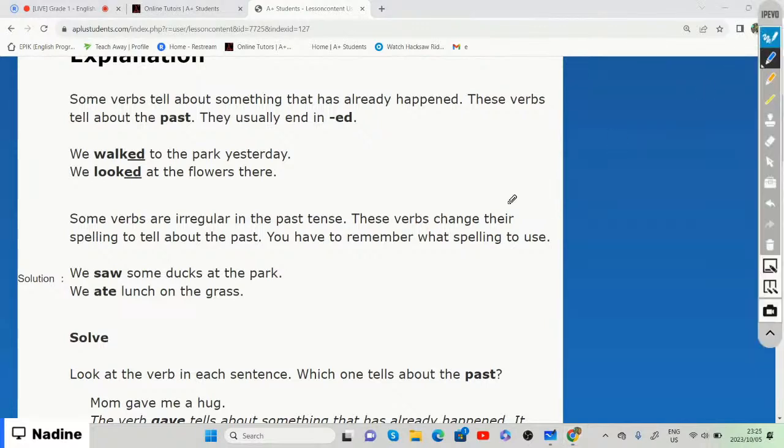And with the verbs that are irregular in the past tense, they change their spelling. So the spelling of these words changes, and it tells us about the past. And remember, we said that when the spelling changes, you are just going to have to remember what spelling to use.